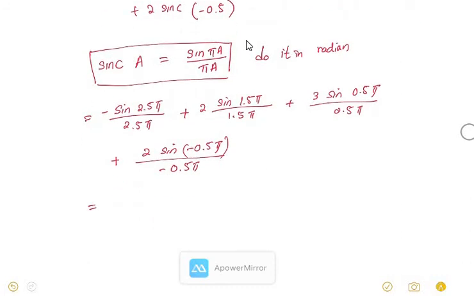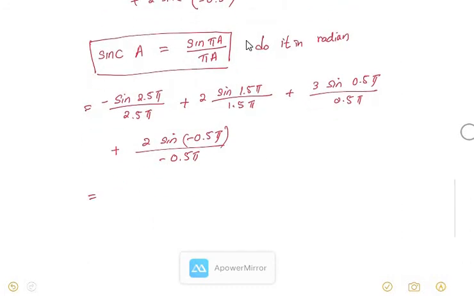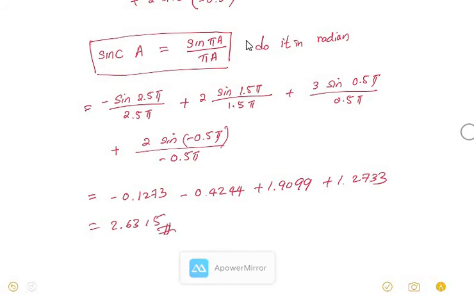When you press the calculator, the answer is 2.6315. It's more or less near to 2.5, even though not exact.